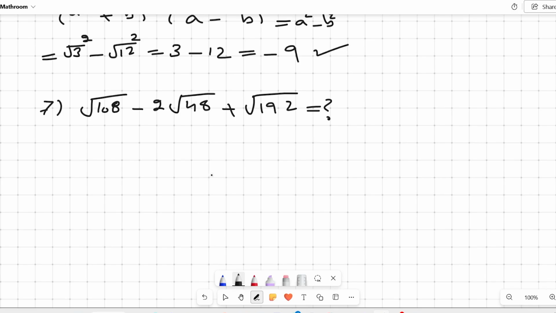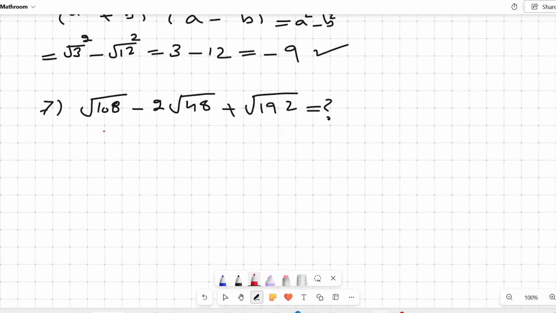So let's do something differently here. As you know, I don't know which two numbers I should multiply to get 108 or 192. So for such questions, you are allowed to find the prime factors of each of these numbers.